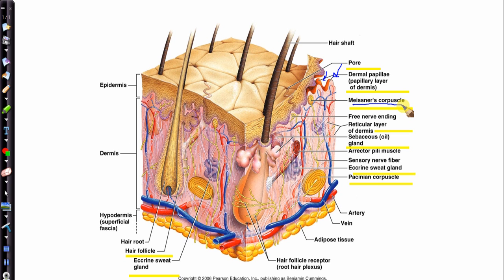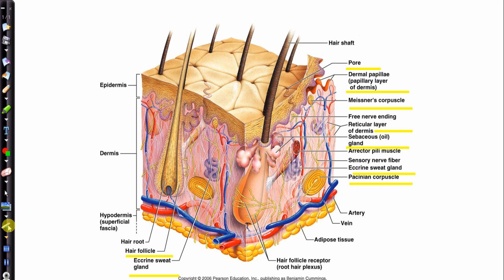You don't see it really well on this. They didn't try to draw it for this purpose. But if you were to strip away the epidermis, you might see certain patterns to the papillae, and those patterns help form the ridges that we associate with our friction ridges. When you look at your palms or the soles of your feet or your fingers or toes, you'll see there's little lines on those. I know you know those as fingerprints for your fingers. The fingerprints are formed in part because of the dermal papillae.